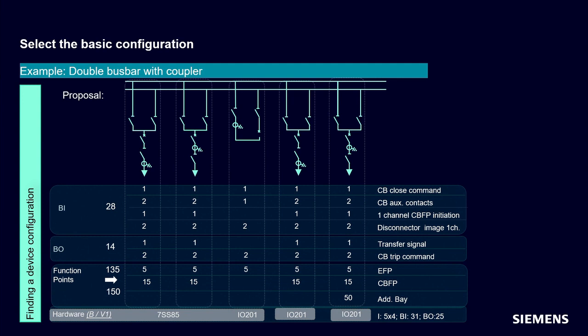Then we have the configuration really of 5 measuring points, of 31 binary inputs, and of 25 binary outputs, which is absolutely sufficient for this small double busbar.